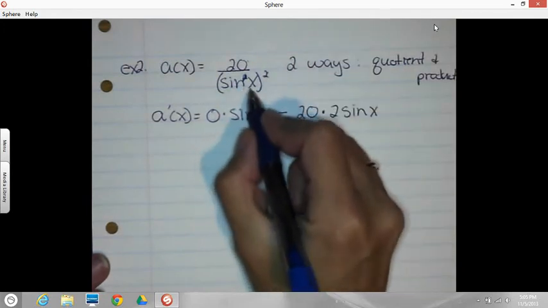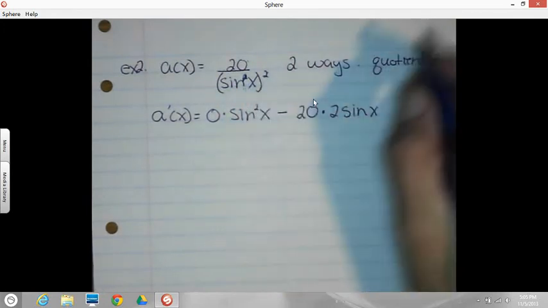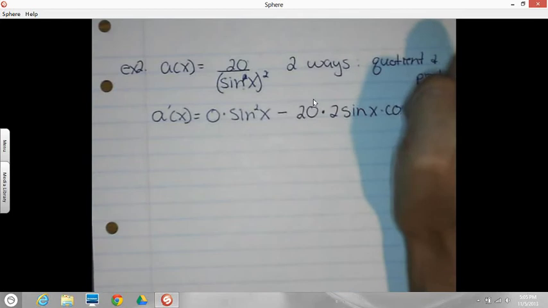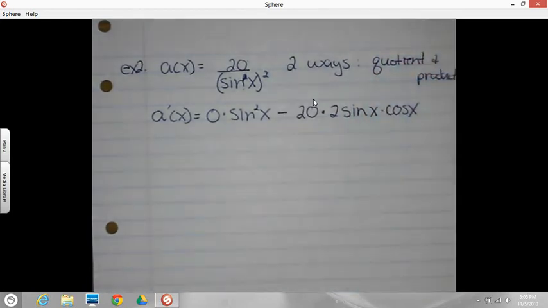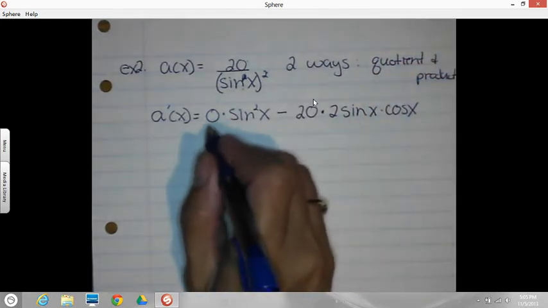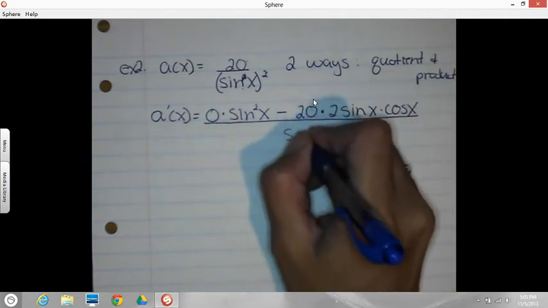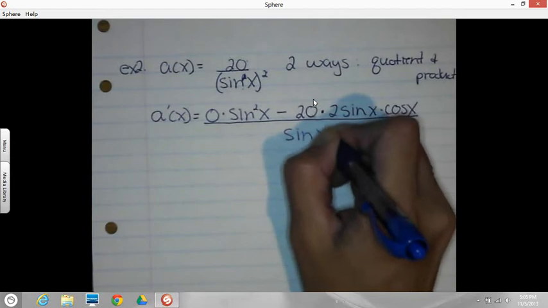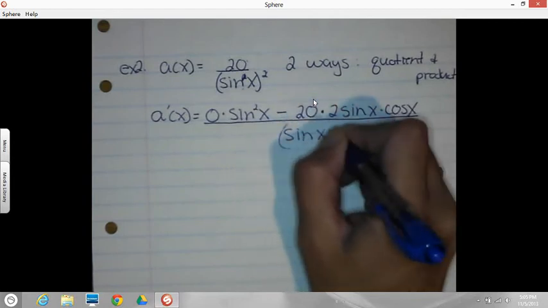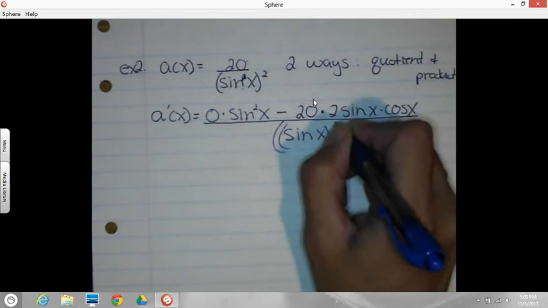The derivative inside is cosine. And then we're all over the bottom, which is sine squared, and I need that squared.